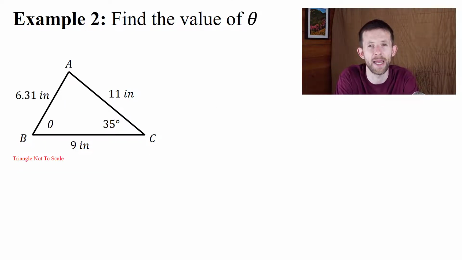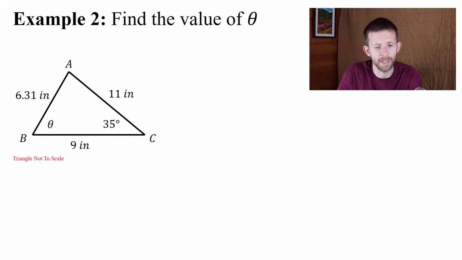Let's build on that. So now I have all three sides and I want to find the measure of angle theta. The nice thing about the law of cosines is often you just have to use it once, and then you can use something easier like the law of sines.